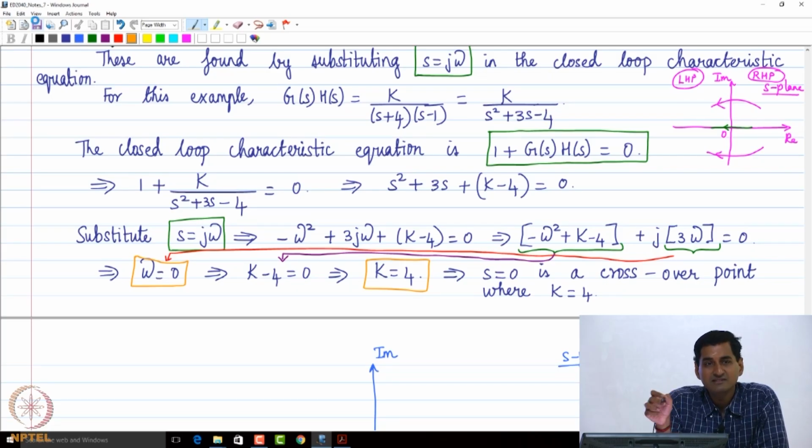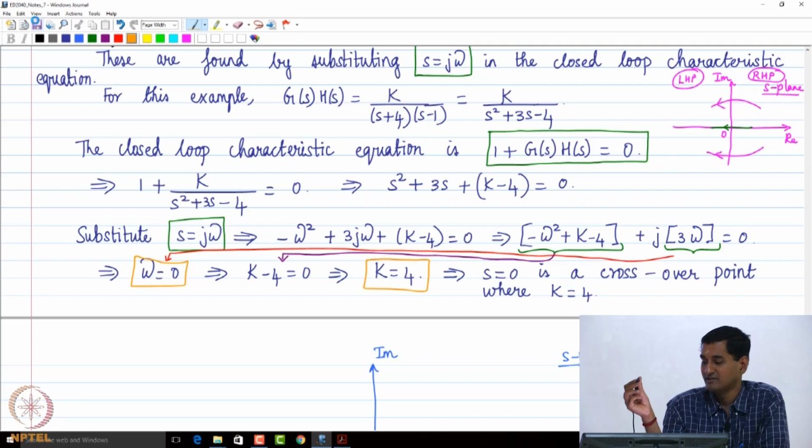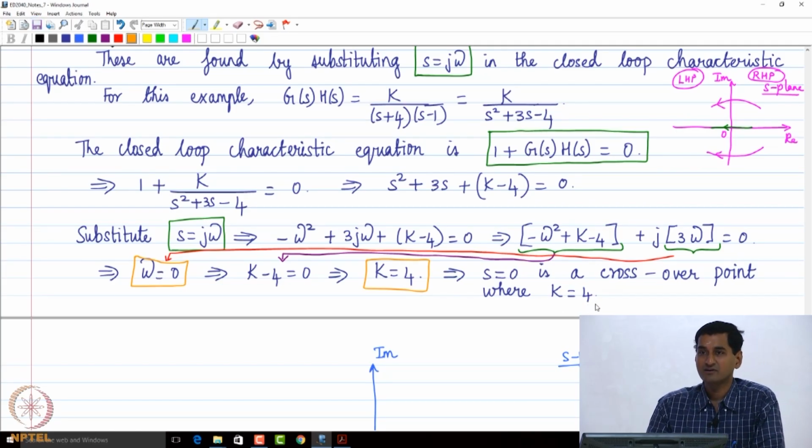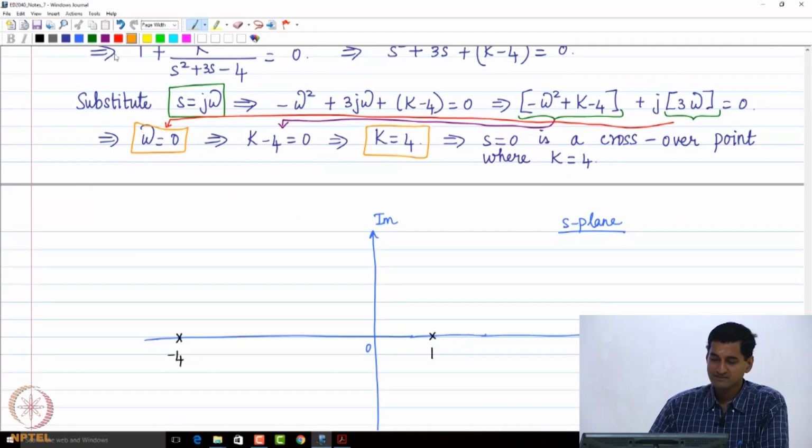And this is a valid solution for this problem because k is taken to be positive. Omega equals 0 means s equals 0, that means the origin, and at that point the gain k is positive. So the origin is a valid crossover point as far as this particular example is concerned.